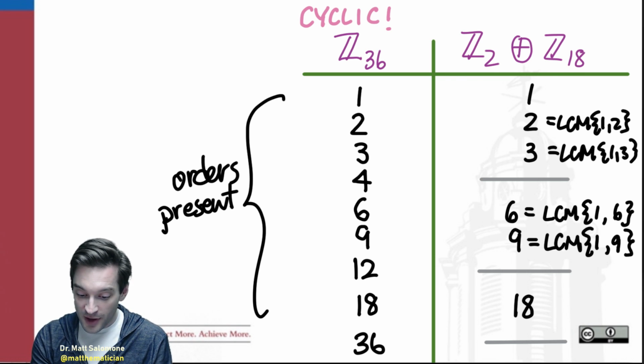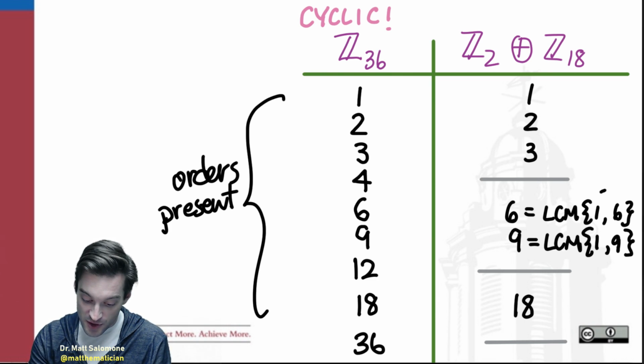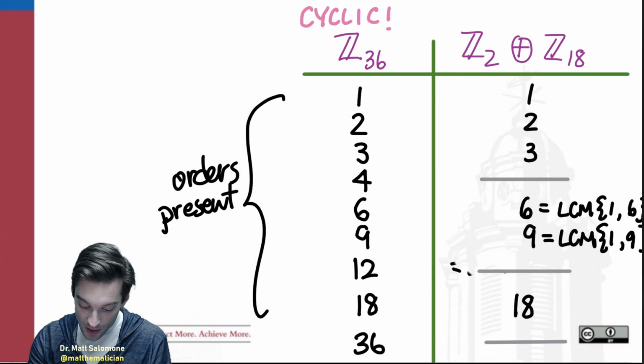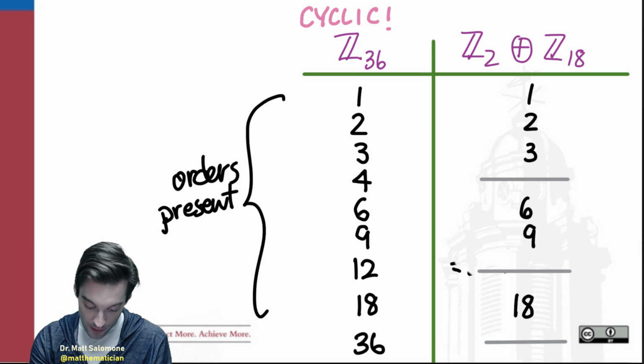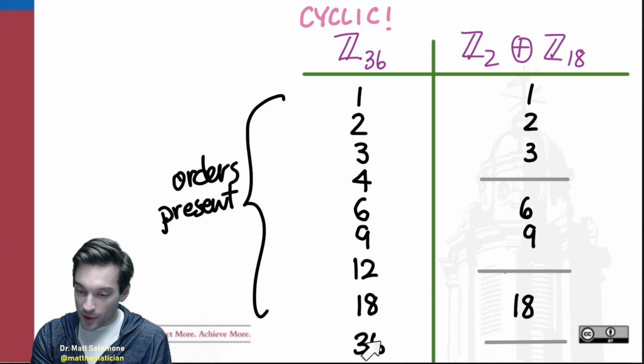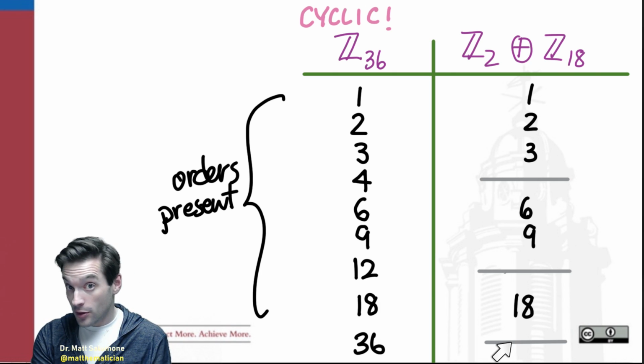All right, so if there are going to be disagreements that we could exploit to determine which of these 2 options my group falls into, I could try and rule out the possibility that my group is cyclic and so has an element of order 36.